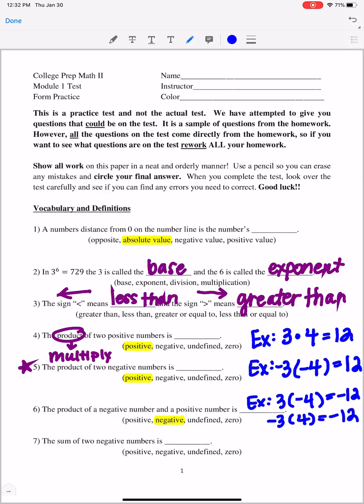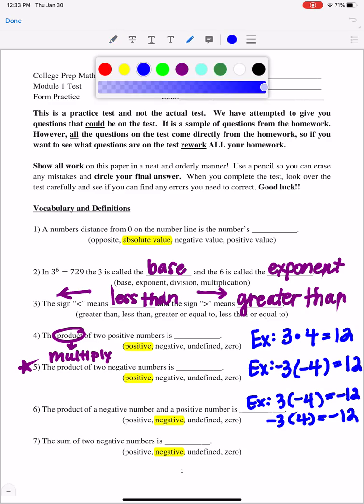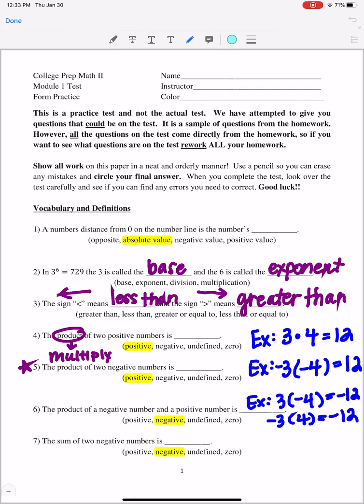Number 7, the sum of two negative numbers is negative. A lot of people want to use this one and the last one in the same way because they both have to do with two negative numbers. When I am multiplying two negatives, it is positive. But when I am adding two negatives, then it is negative.